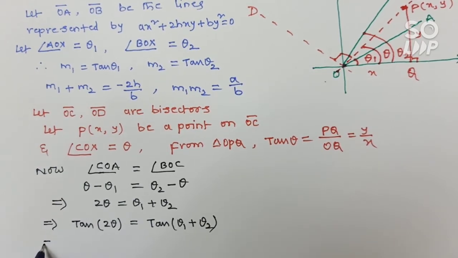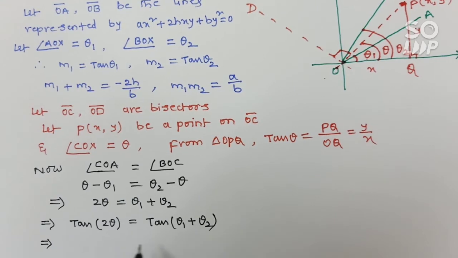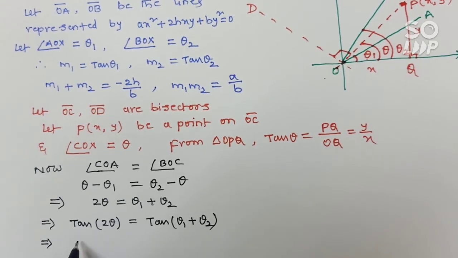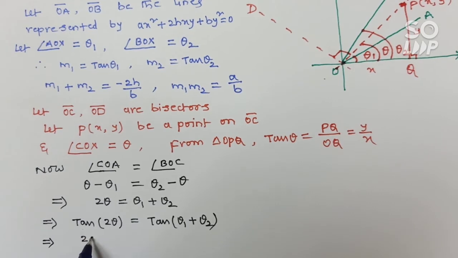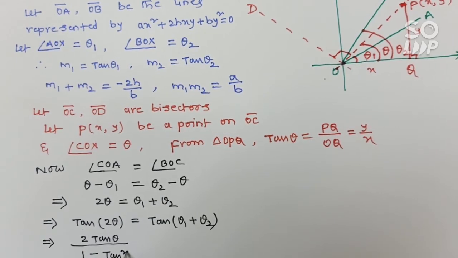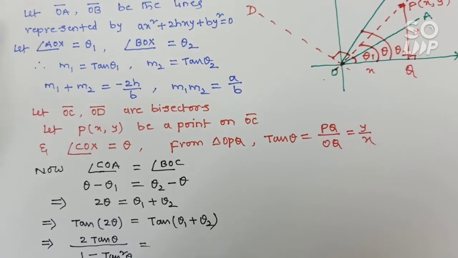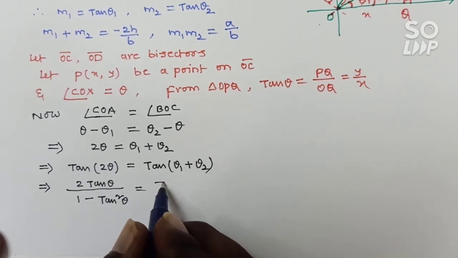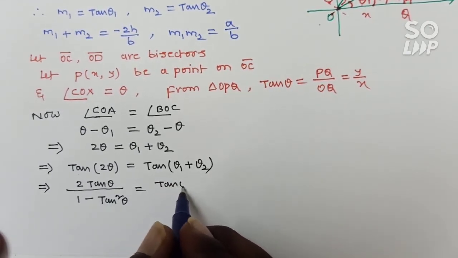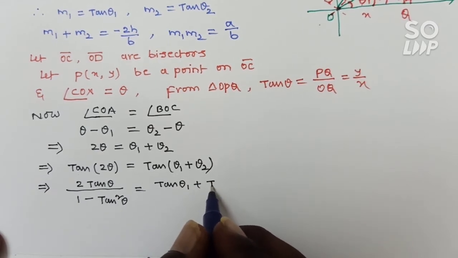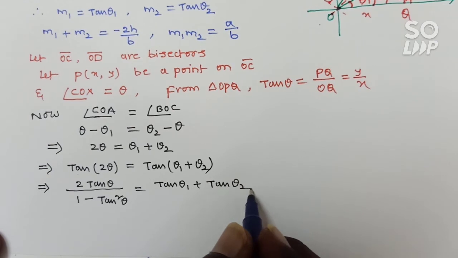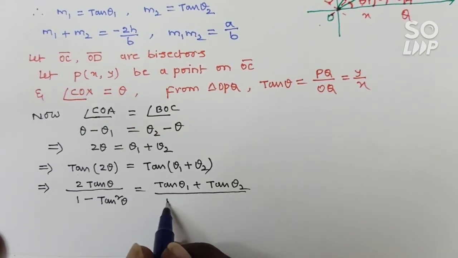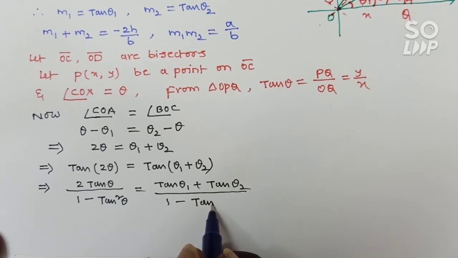Now we know that in trigonometry, from multiple and submultiple and compound angles, tan 2 theta is equal to 2 tan theta divided by 1 minus tan square theta, equal to tan of theta 1 plus theta 2, that is the tan of A plus B formula, tan theta 1 plus tan theta 2 divided by 1 minus tan theta 1 into tan theta 2.